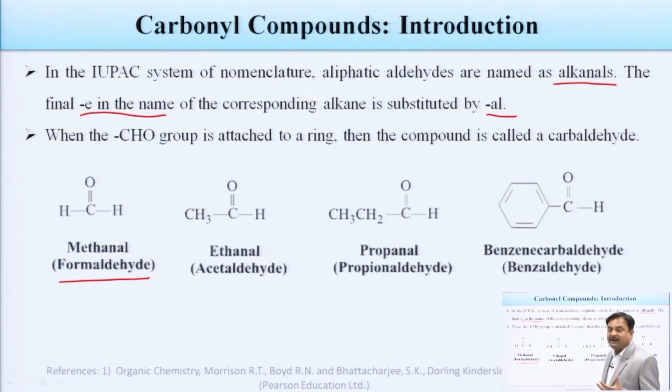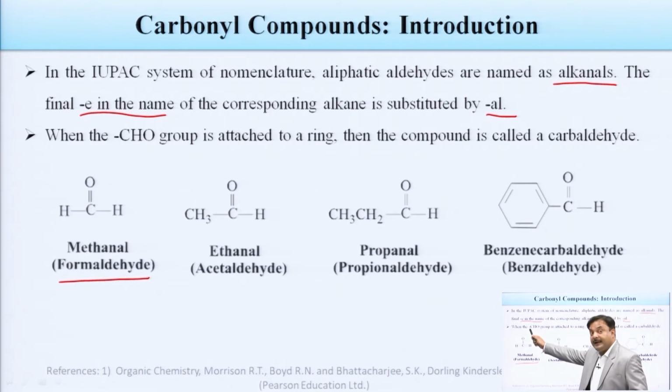If we are converting methane into methanal, we change the name of methane by adding al in place of the E of methane. So, methane becomes methanal, ethane becomes ethanal, and propane becomes propanal.